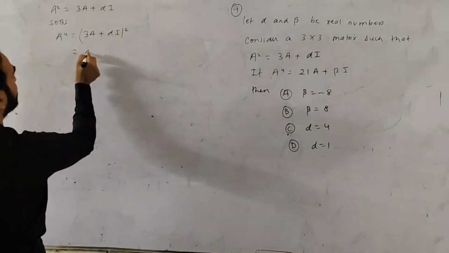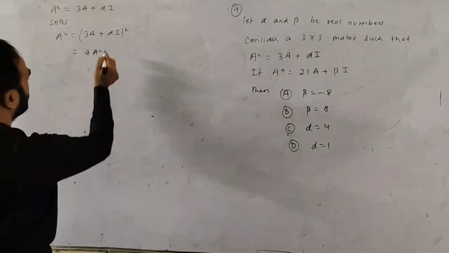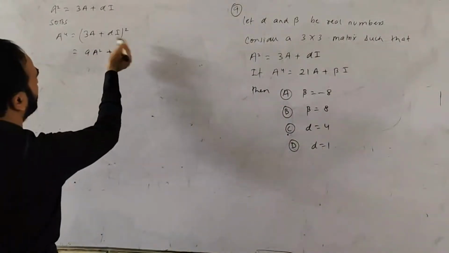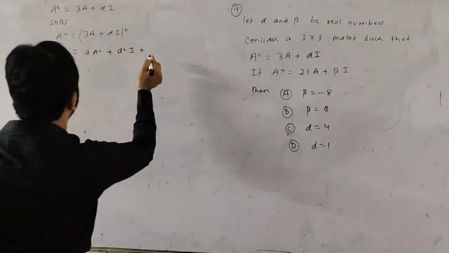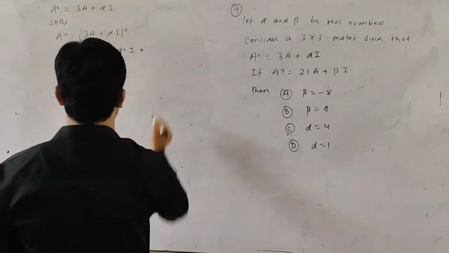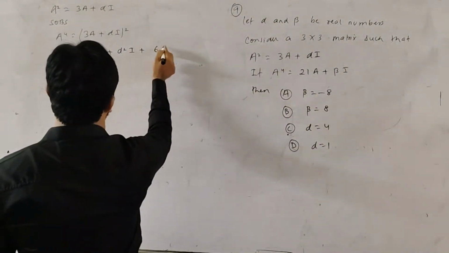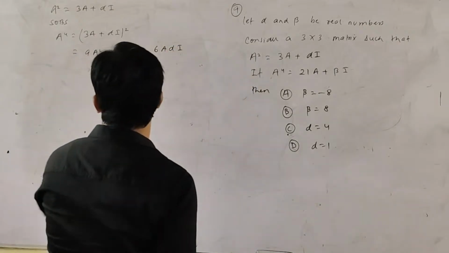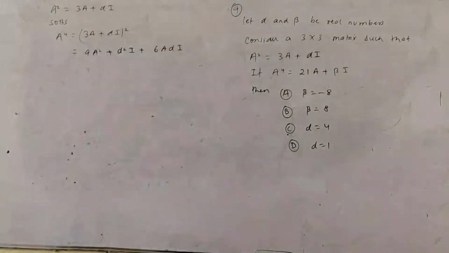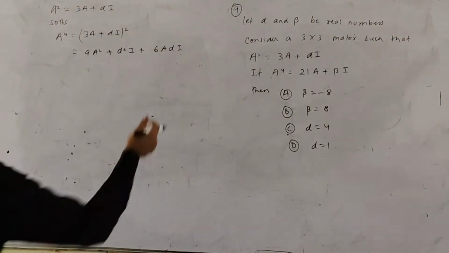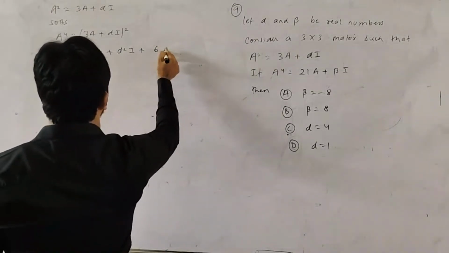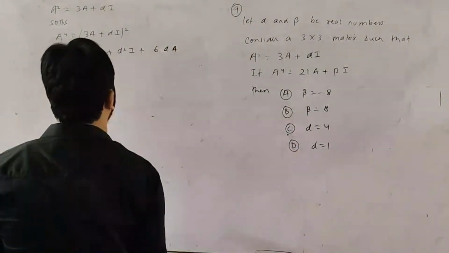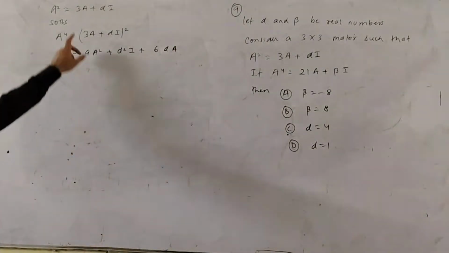Now do the simple calculation. This will become 9A square. I square does not mean anything, right? So I will write it as I only. Plus alpha square I plus 6 alpha A, 2 times 3 is 6, right? 6A alpha I. Anything else? No. So this will become 9A square plus alpha square I plus 6 alpha A. And since it is multiplying the identity matrix, we can write 6 alpha A. And A square can be replaced by what?